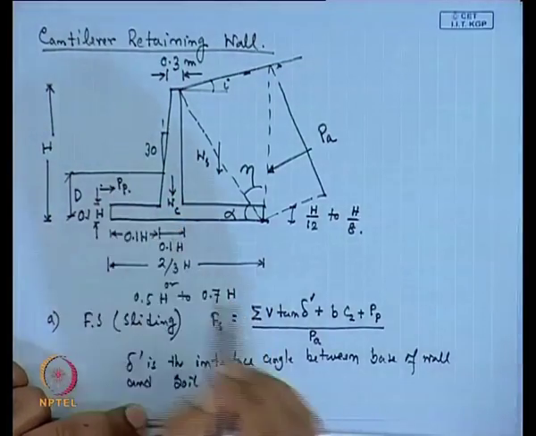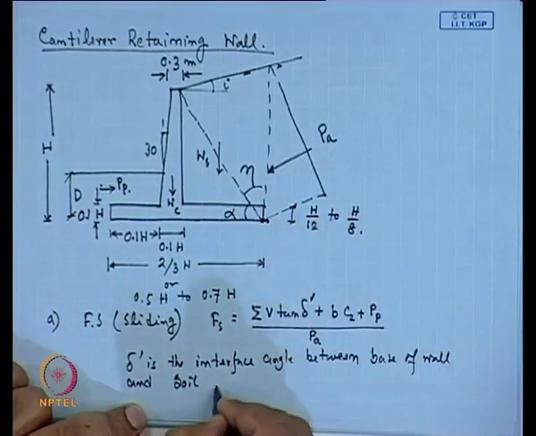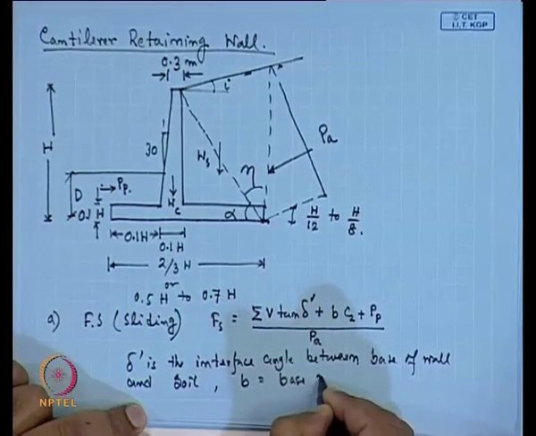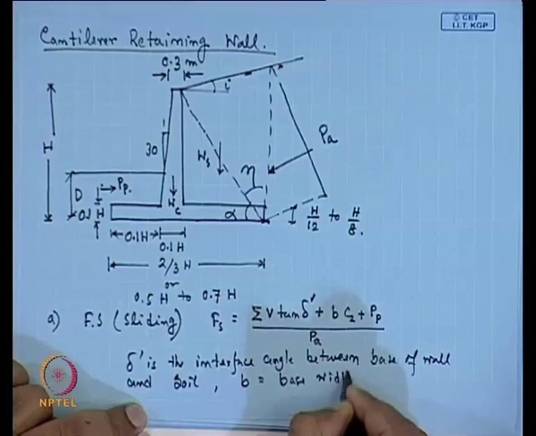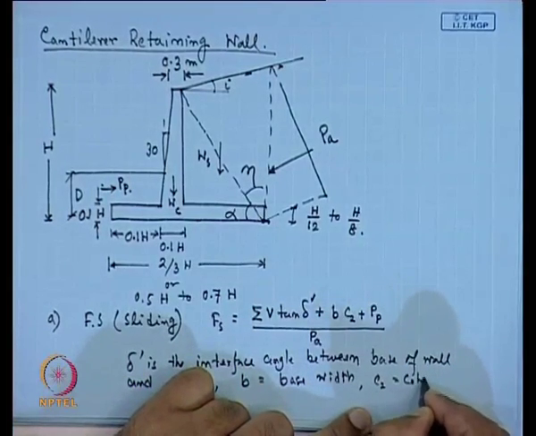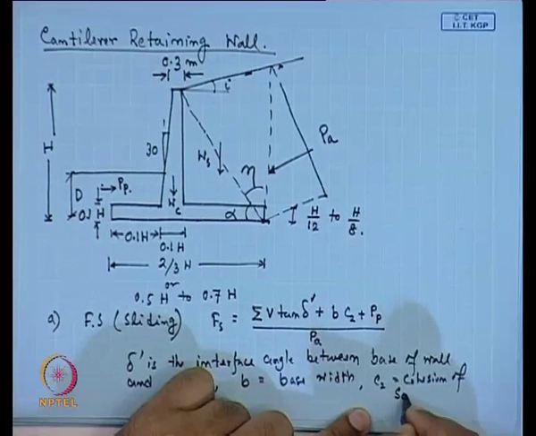Okay, this is the passive resistance that will act. So, P p, B where B is the base width, and C 2 is the cohesion of the soil, or foundation soil.